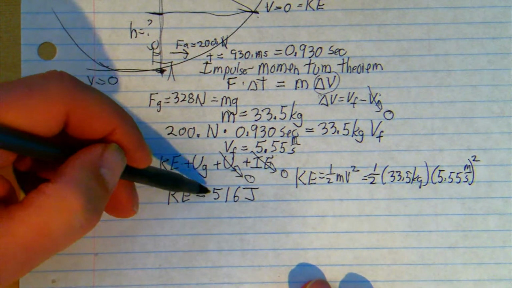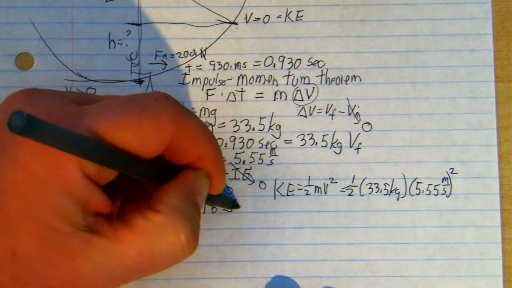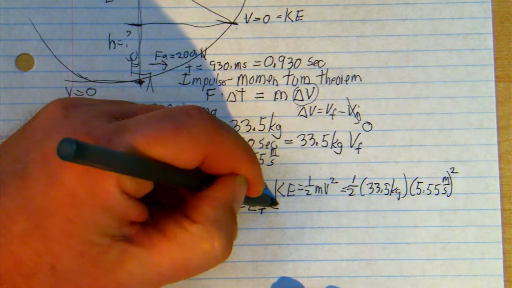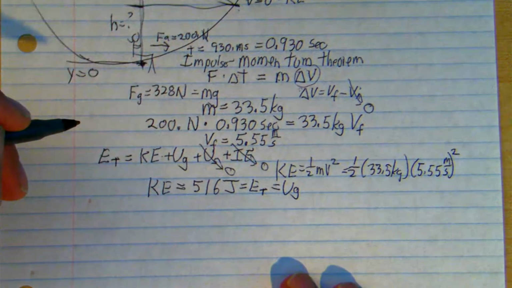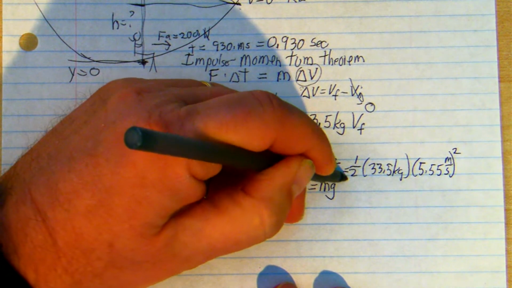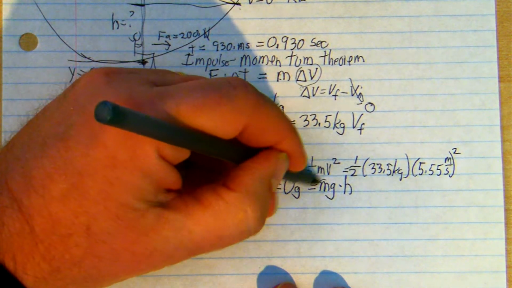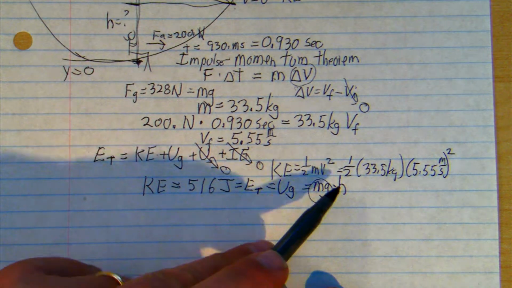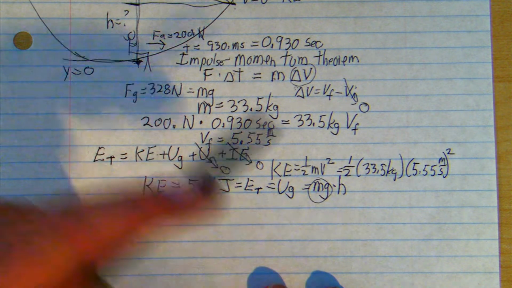So if I take this kinetic energy of 516 joules, which is her total energy, and set that equal to her gravitational potential energy, given by mg times h, where mg is given to us, that's her weight, I can now solve for the height that she reaches.